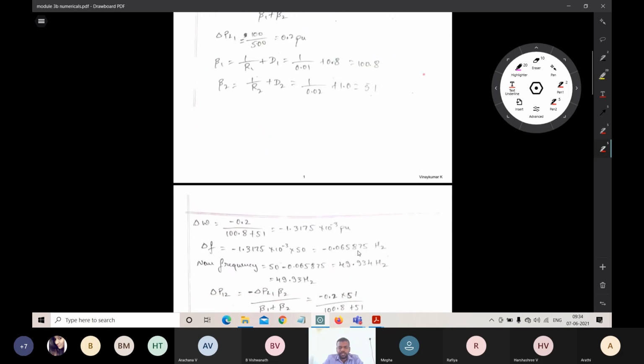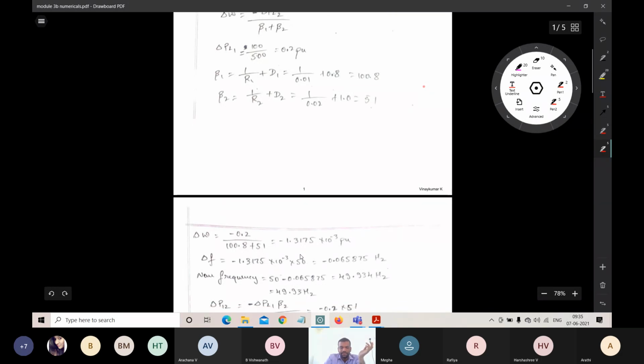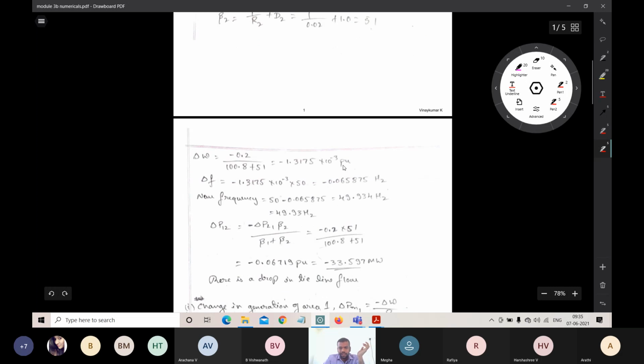So the next thing is delta omega. Delta omega will be given by minus 0.2, that is delta PL, divided by beta 1 plus beta 2. So we get minus 1.375 ten to the power minus 3, in terms of PU.